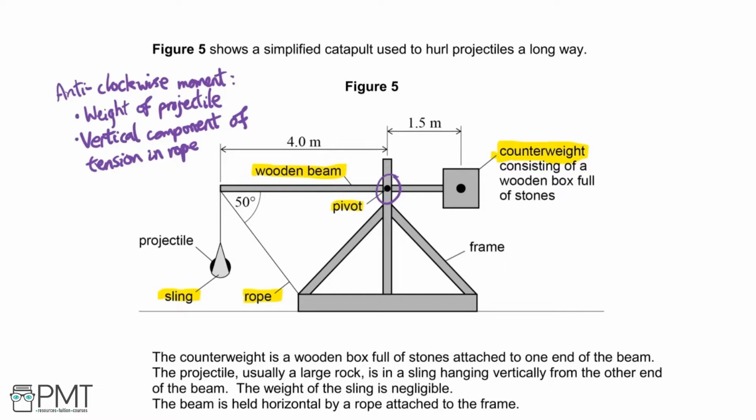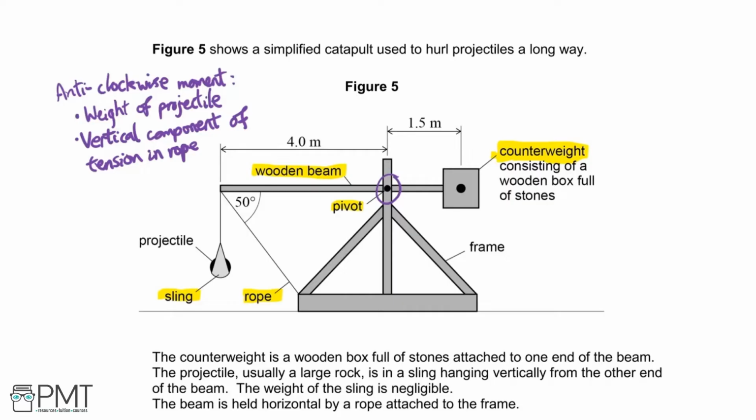So contributing to the anti-clockwise moment, we've got the weight of the projectile, which will just act vertically downwards, and the vertical component of the tension in the rope. Remember, the horizontal component of that tension is going to be acting towards the pivot, so it's not going to be a perpendicular force to that beam itself, so there's no moment from that.